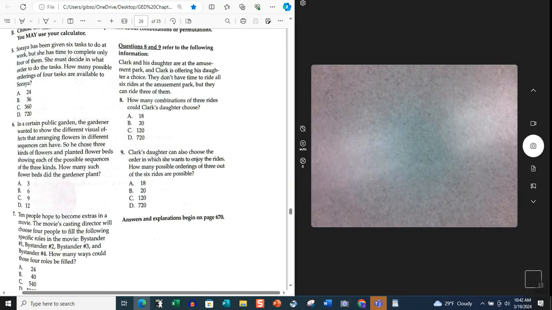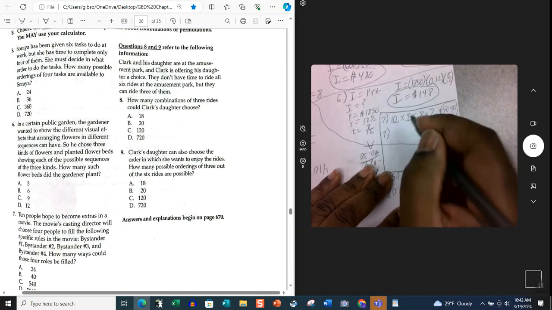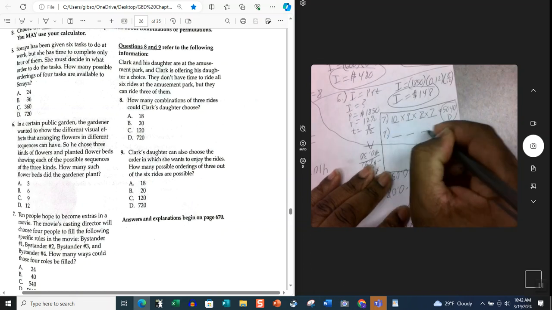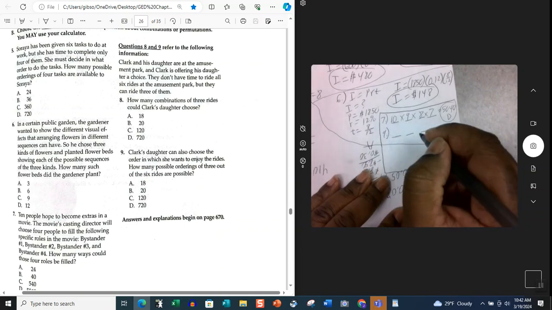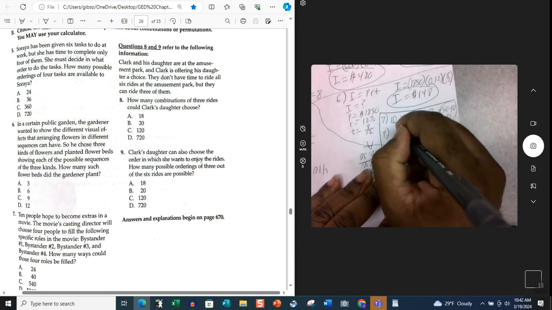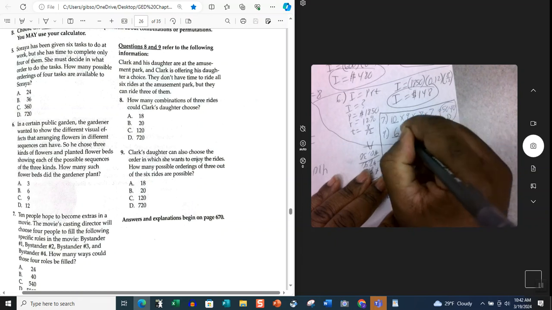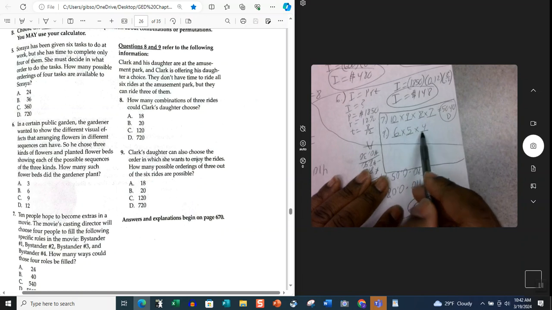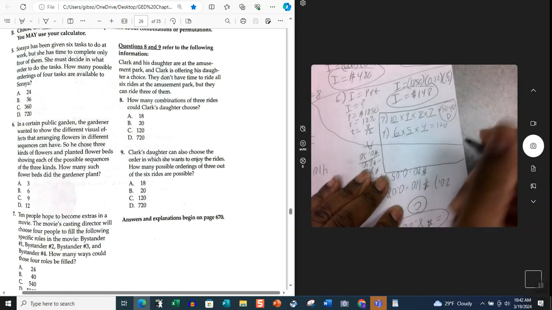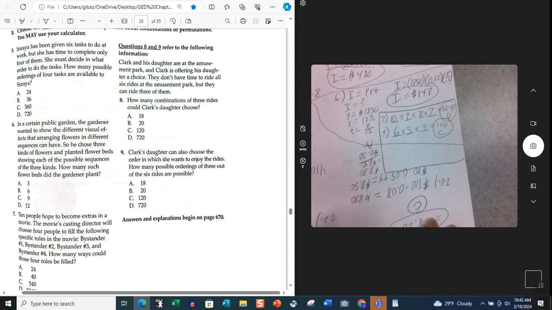But now, for number 9, 3 rides, 6 possible orders. So you have 6 for the first, 5 for the second, 4 for the third. So now you multiply this out. 6 times 5 is 30, times 4 is 120. And 120 is C. So that is your final answer.